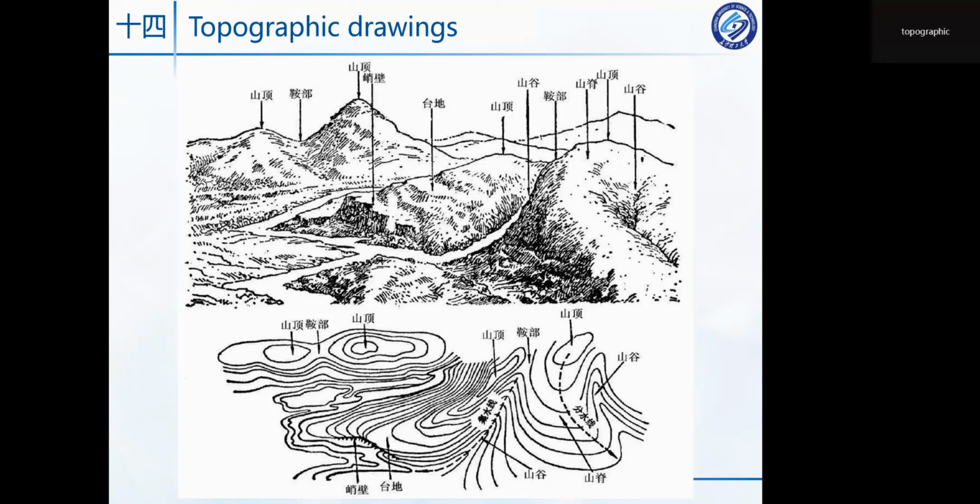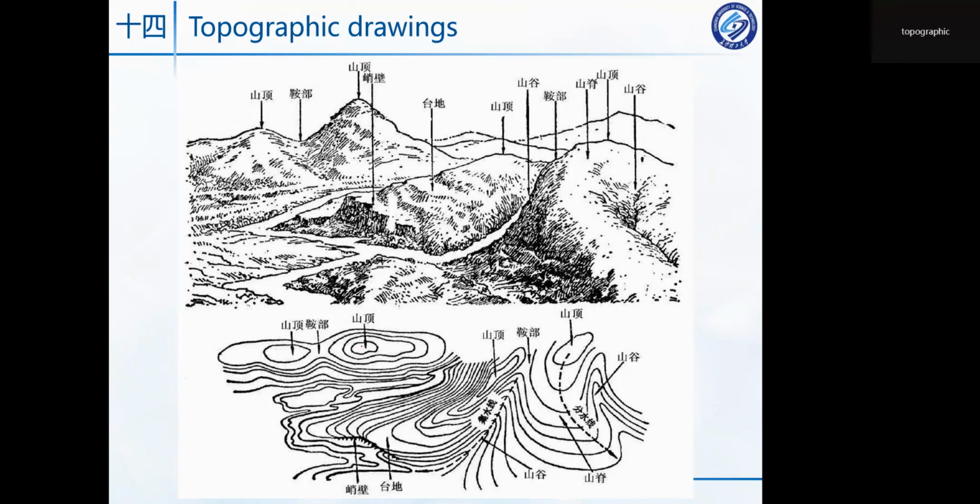In the contour maps, for example, this circle means the top. And here you can see many closed circles together. It means here is the top, and you have to check that this elevation point is larger than here.